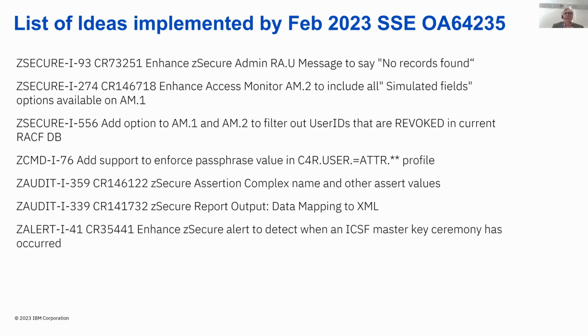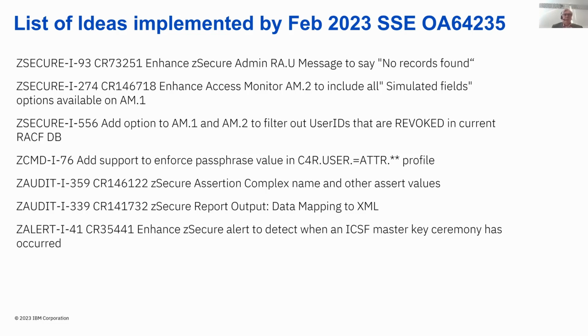Should I have typed something? They didn't realize that we had run through the RACF database and not found any records. zSecure was so fast, they thought they had made an error in the query rather than that the query had been executed. So we finally now say no records found, which is much clearer that we actually did do a search and are not just complaining about the content of the selection panel.